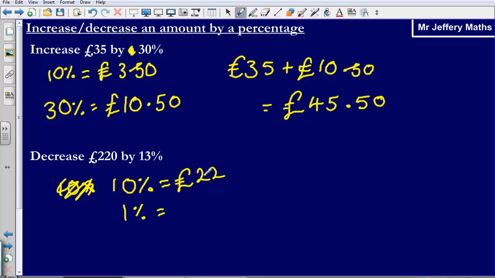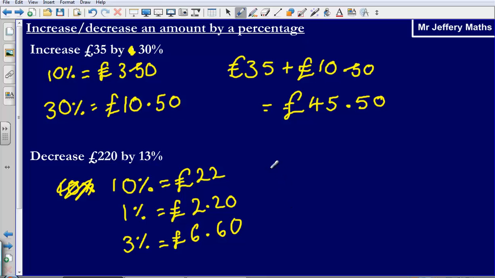To find 10%, I've divided by 10, then let's divide 10% by 10 again to find what 1% is. I could also find 1% simply by dividing by 100. So 1% is going to give me £2.20. This means that 3% would be 3 times as much as 1%. So 3% would be £6.60.